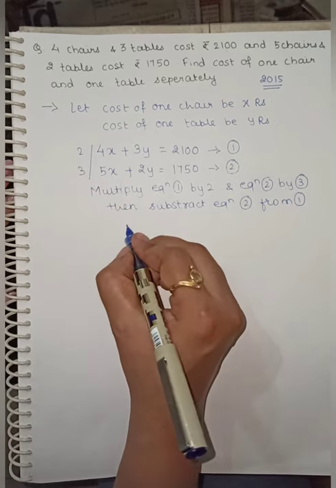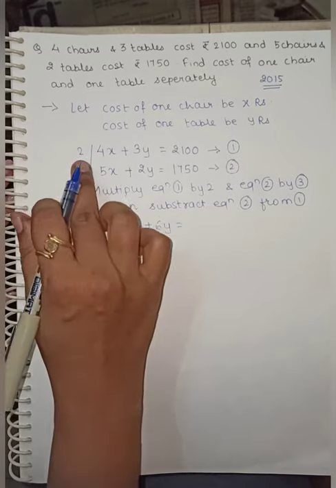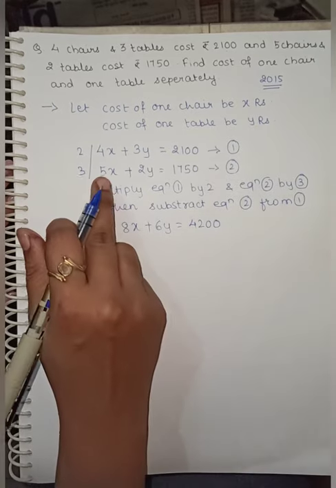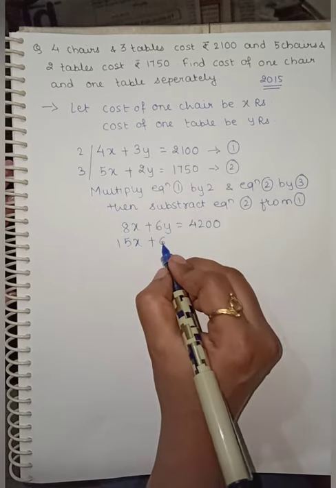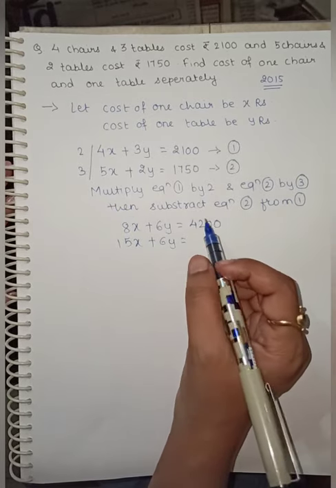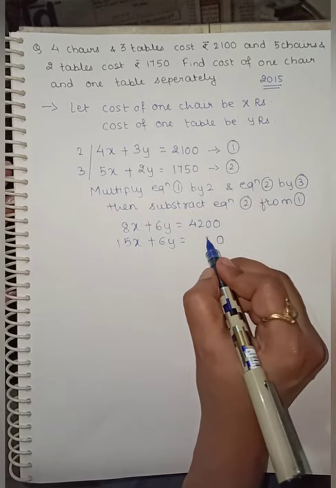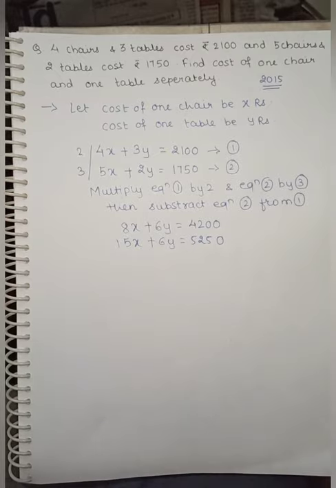So 2 4s are 8x plus 2 3s are 6y equal to 2100 into 2 will give me 4200. 5 3s are 15x plus 2 3s are 6y equal to 1750 into 3, which gives me 5250.